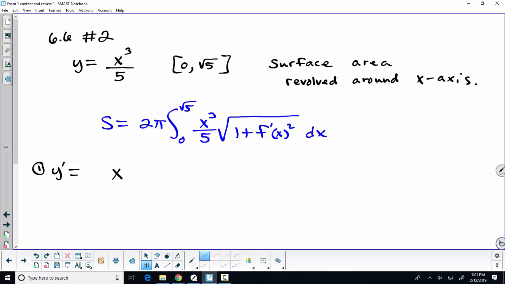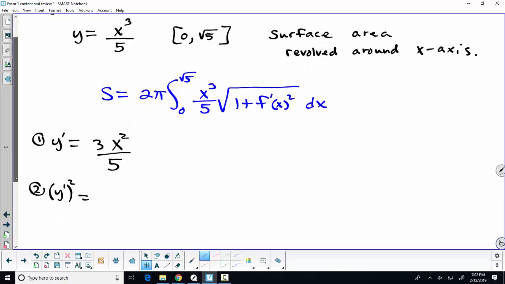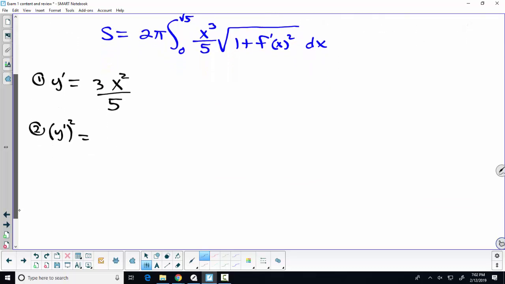Well, we bring the exponent down, subtract 1. 3/5 x squared, that's y prime. And we square that. And then we add 1.